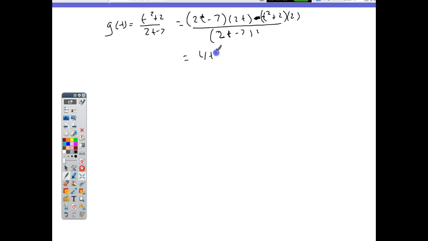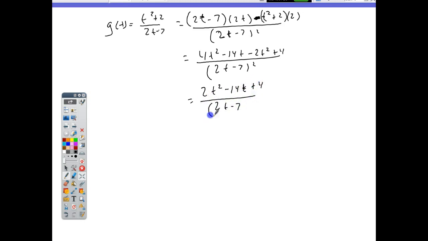So that'd be 4t squared minus 14t minus 2t squared plus 4. That should be negative, thank you.